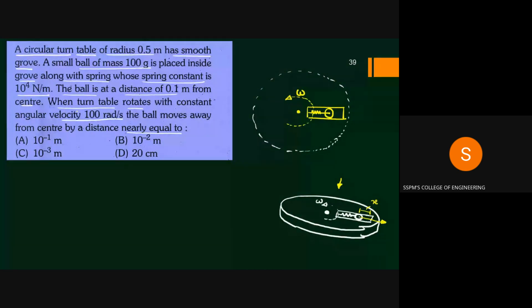Here, instead of angular velocity, sorry, angular speed is given. So omega is equal to 100 rad per second. This angular speed will create the centrifugal force. So this force is F.